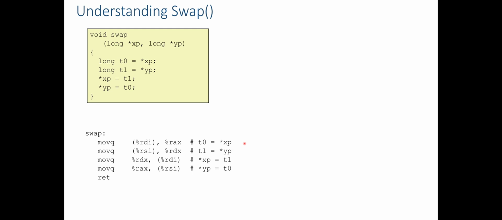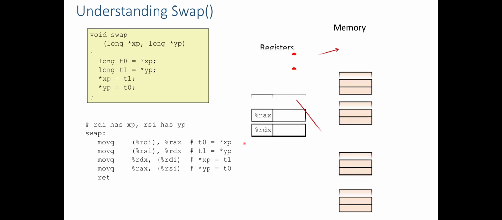Okay, so now when we were doing this, of course, we needed to remember that the convention is that when this function swap gets called, the parameter XP is in RDI and the parameter YP is in RSI.